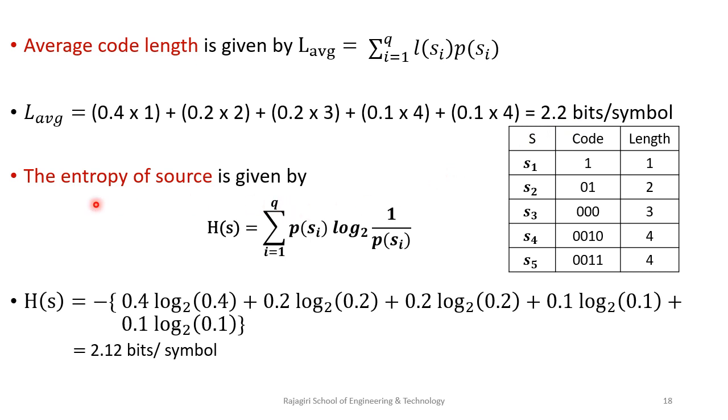Similarly, the entropy of the source is calculated as H(S) equals summation over i of P(Si) times log to the base 2 of 1 by P(Si), where P(Si) represents the probability of each source symbol. So the entropy of the source H(S) is calculated as 2.12 bits per symbol.